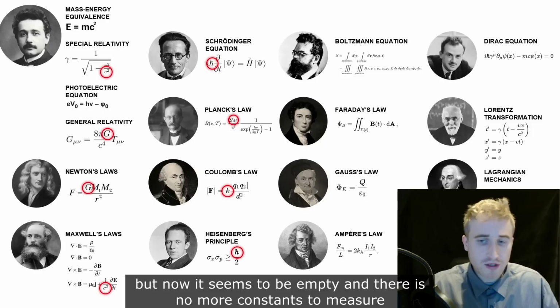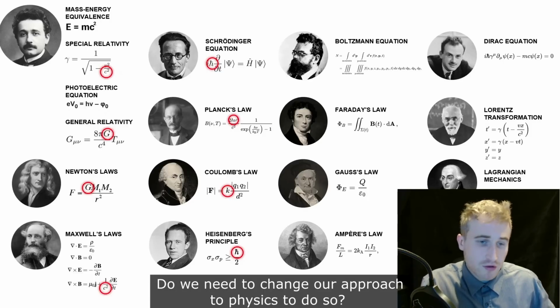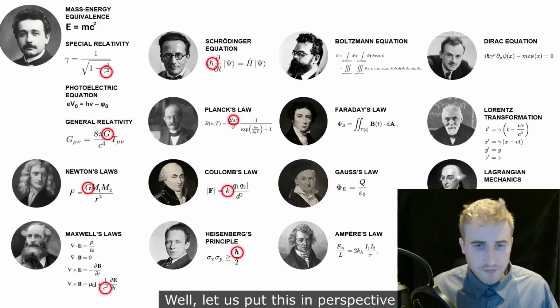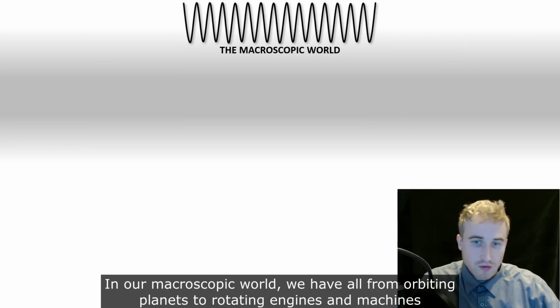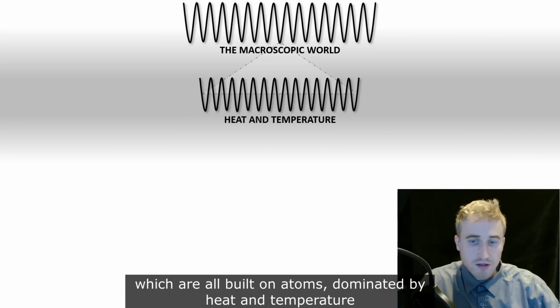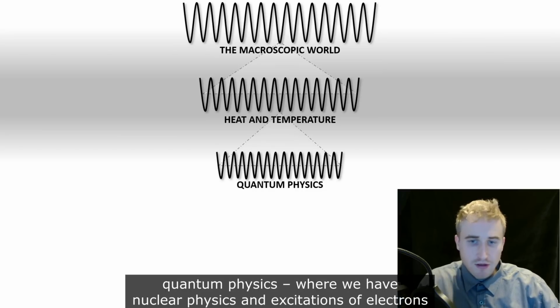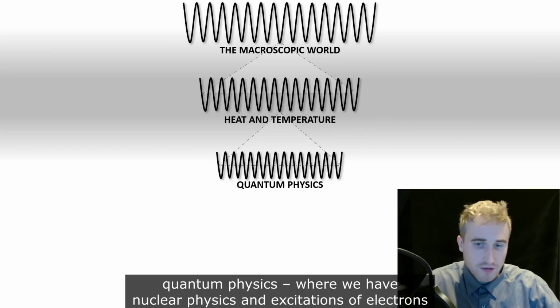But now it seems to be empty and there are no more constants to measure. Now we must go even deeper down to things. So do we need another approach to physics to do so? Well, let us put this in perspective. In our macroscopic world, we have everything from orbiting planets to rotating engines and machines, which are all based on atoms, dominated by heat and temperature. Hereby we have two different frequency levels, which are all built on an even deeper frequency level, quantum physics, where we have nuclear physics and excitations of electrons.